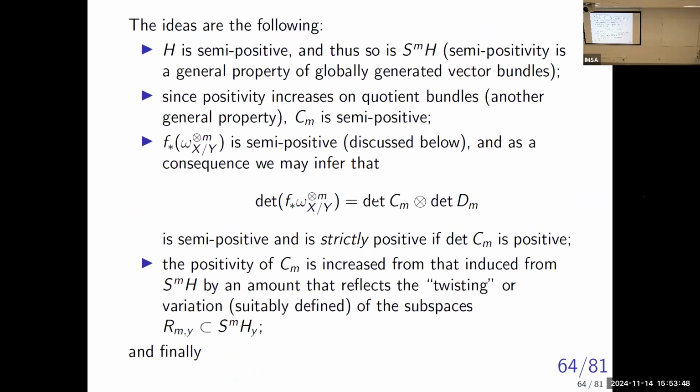So the ideas that go into it are that the bundle H is semi-positive. So the symmetric power is a semi-positive vector bundle. Positivity in general increases on quotient bundles. Intuitively, positivity means lots of sections. If you have lots of sections, then the quotient will have a lot of sections. Conversely, subbundles of positive bundles tend to be somewhat negative.